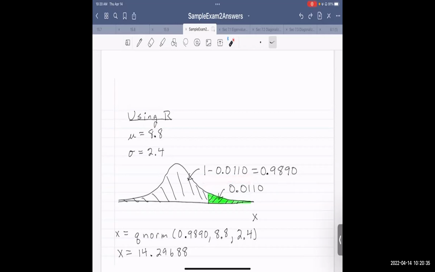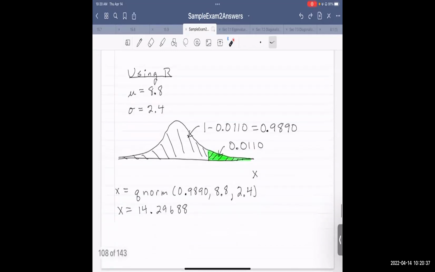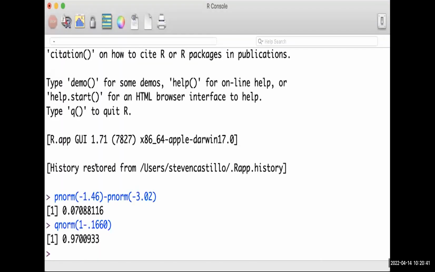And then issue the qnorm. So let's type in qnorm into R. And so I have here qnorm of 1 minus 0.0110. The mean was 8.8 and the standard deviation was 2.4.